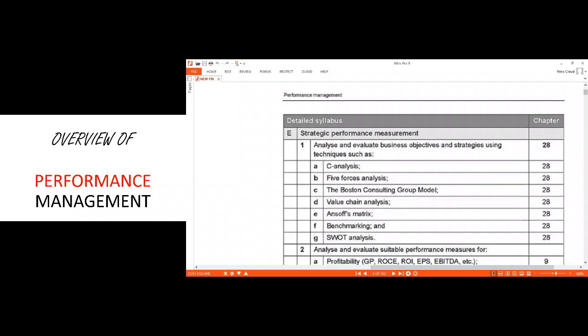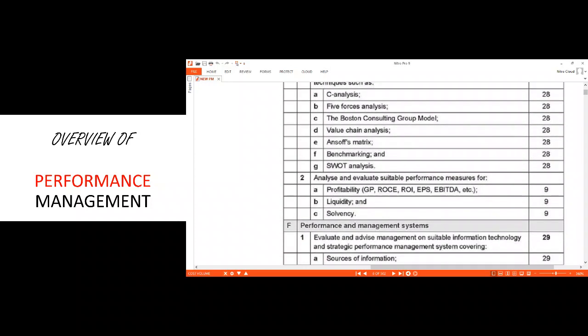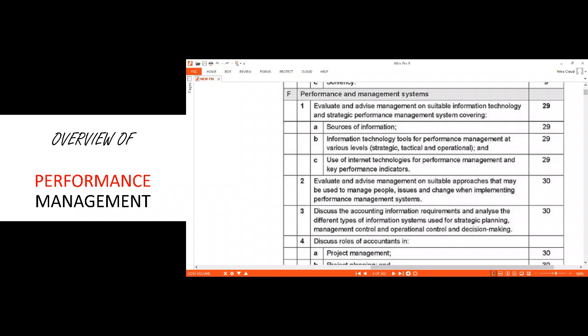Then we will move on to analysis and evaluation of performance measures like the profitability, liquidity, and solvency, to mention but a few. Then the last but not the least part of the performance management as a course, we are going to be looking at and evaluating and advising management.